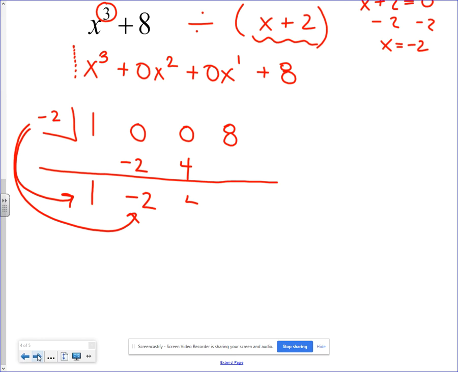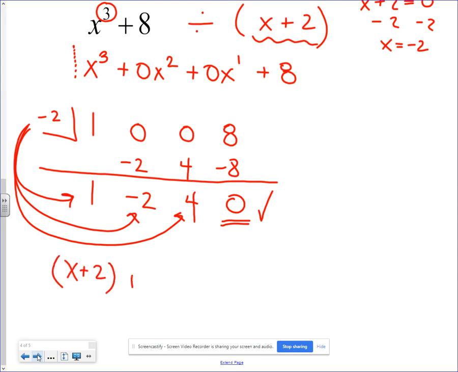Negative 2 times 4 is negative 8. Add those together, 8 plus negative 8 is 0. So this is a factor. So x plus 2 is a factor of x cubed plus 8.